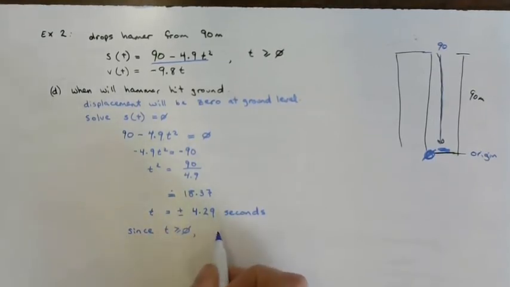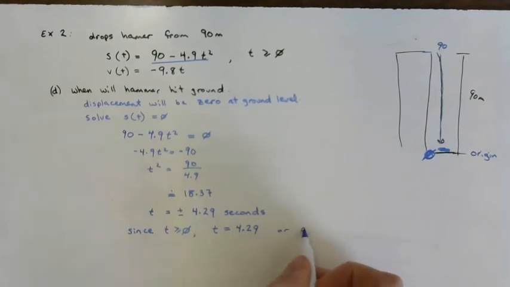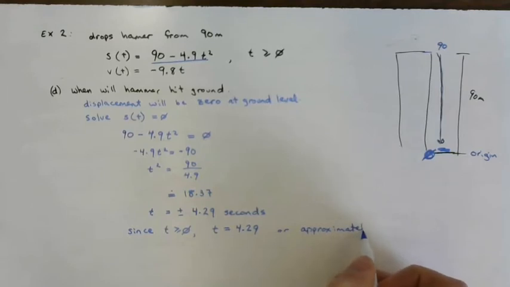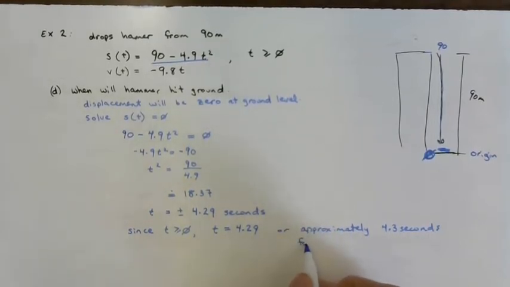So since t is greater than or equal to 0, t equals 4.29, or approximately 4.3 seconds for the hammer to reach the ground.